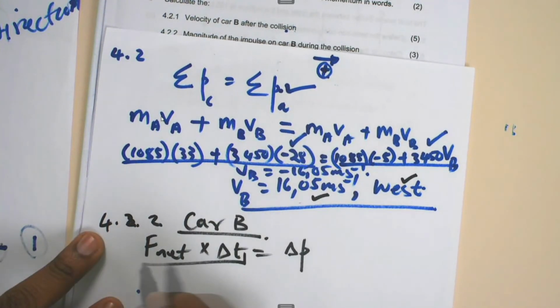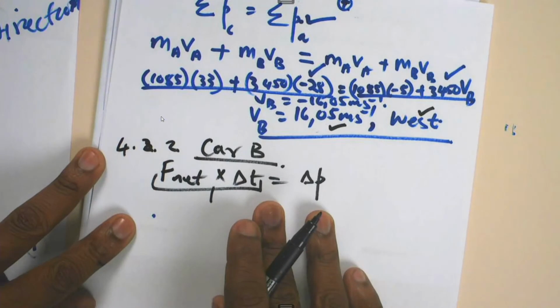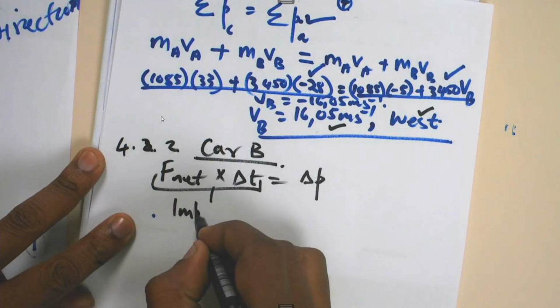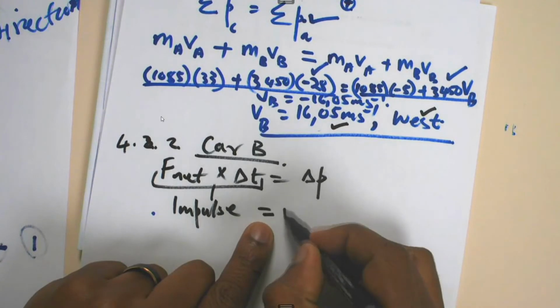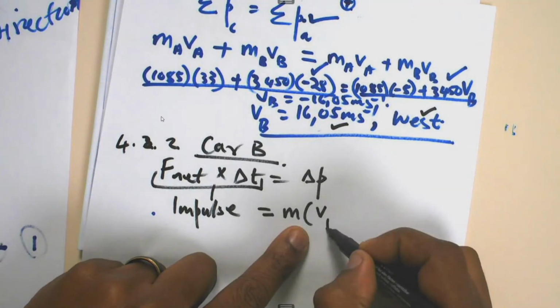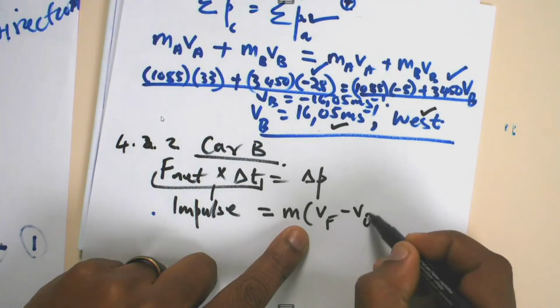But now this here represents the impulse, which is equal to m times v final minus v initial.